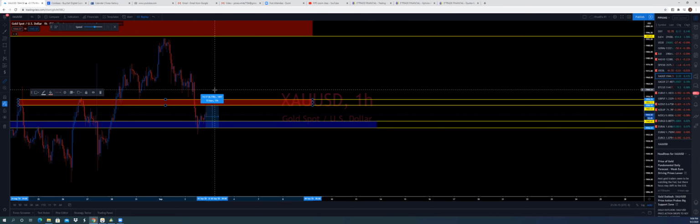Same thing I just told y'all about the pairs that I just went over. We needed to see if it broke through this support and made it into a resistance, meaning these two price levels, which were support, now become resistance.